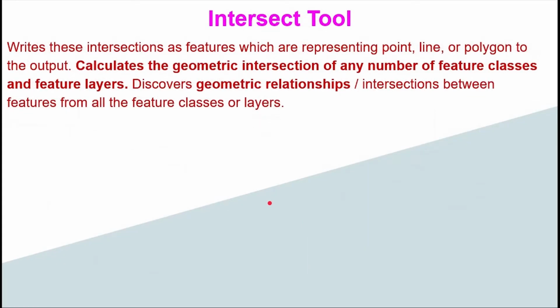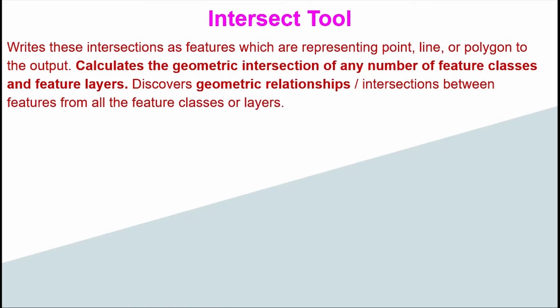Next one is the intersect tool. We can perform intersections using point, line or polygon to have output. In point, line or polygon features, sometimes you will see there is an intersection area. We need to calculate the geometry intersections of this area for the two layers or many layers. Not only layers, we can intersect feature classes also.